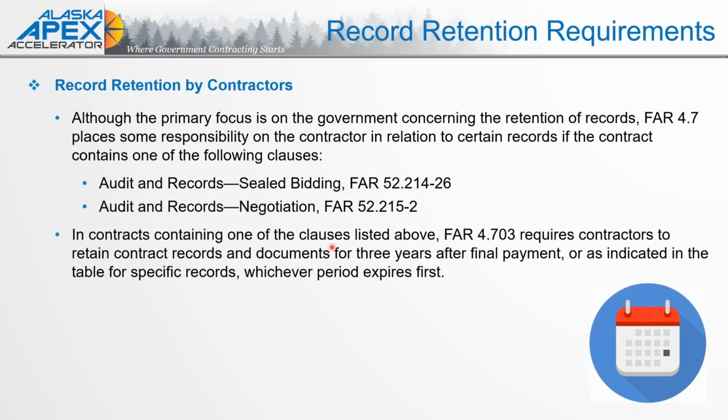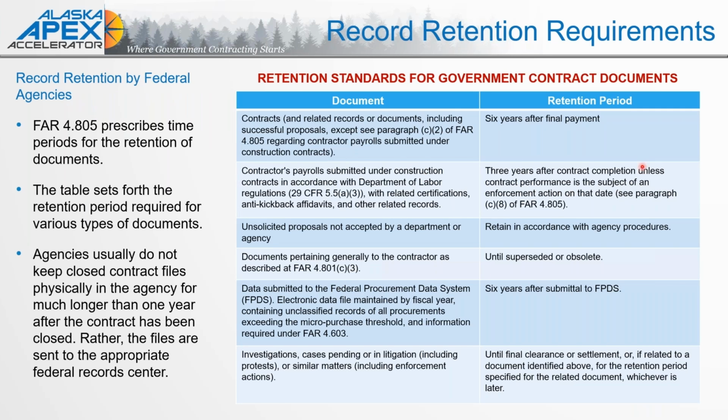In contracts containing one of the clauses listed above, the FAR requires contractors to retain contract records and documents for 3 years after final payment, or as indicated in the table for specific records. So in some cases, for payroll, you might have a longer time period.